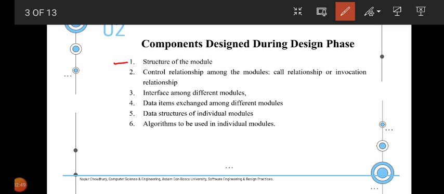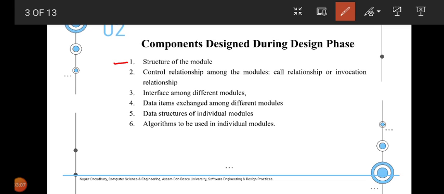All those things will be identified in the structure of the module, and we will get a full structure of the entire project, which will show us the dependency between various functionalities of that particular project.